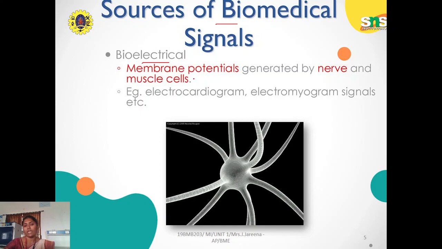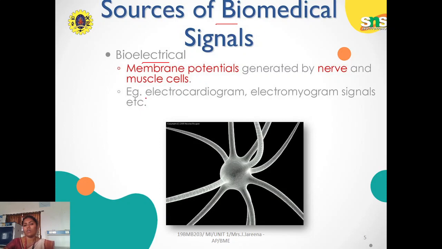Technically, we can also call this membrane potential an action potential, which is a response generated by any external stimulus. The recording of such an action potential or membrane potential is nothing but biological signals. Whenever a membrane potential is produced, it represents the activity or working function of that particular area.